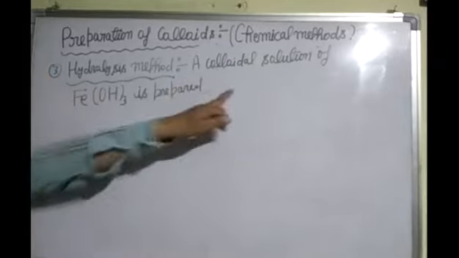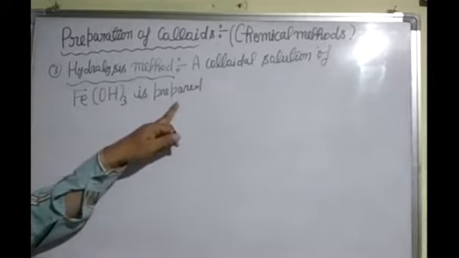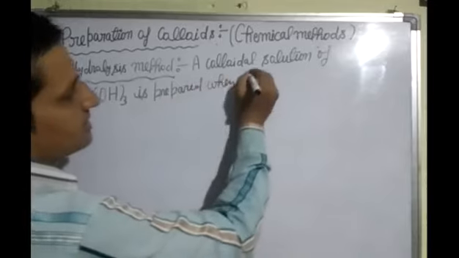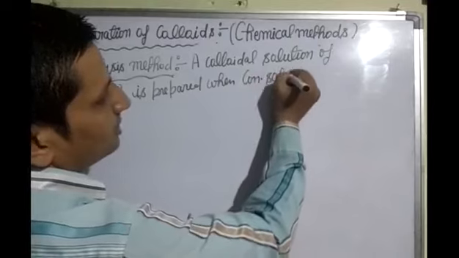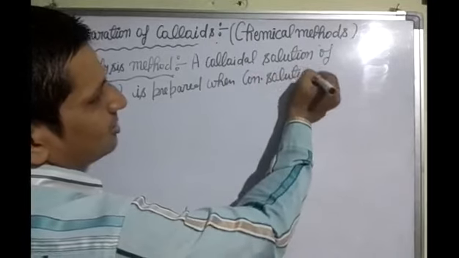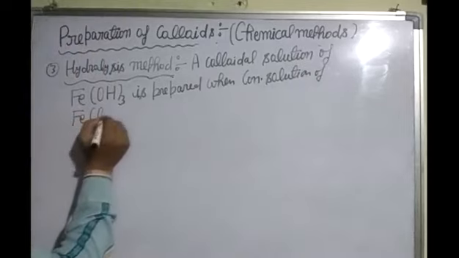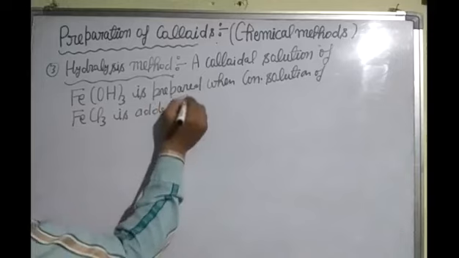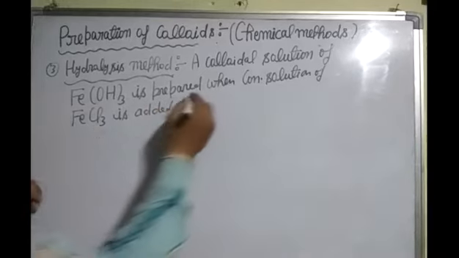A colloidal solution of ferric hydroxide is prepared when a concentrated solution of ferric chloride is added to boiling water.